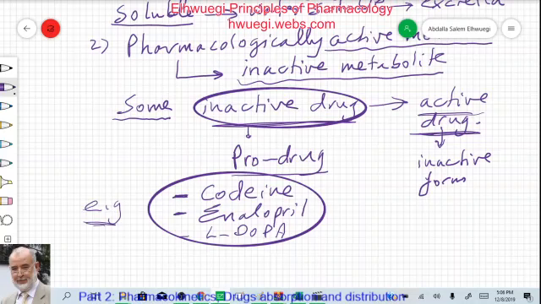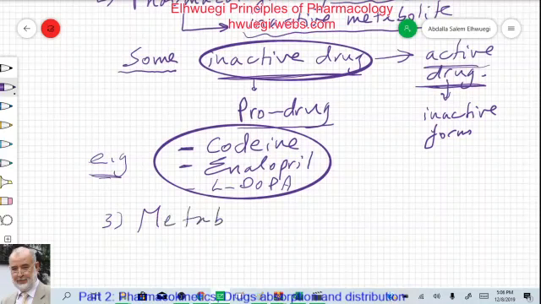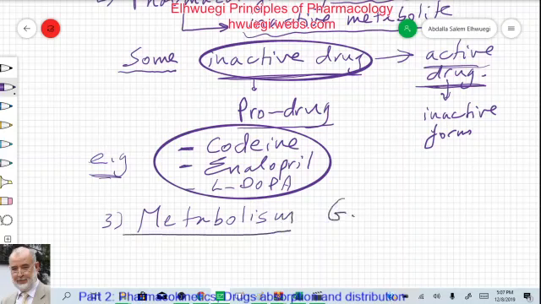Metabolism can take place in many places. For example, the gastrointestinal tract has metabolizing enzymes.